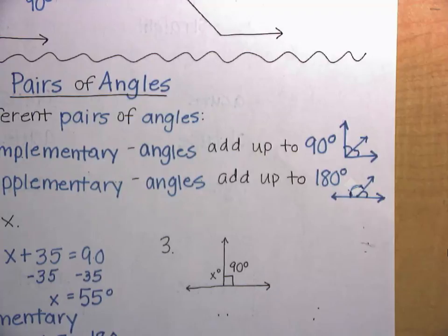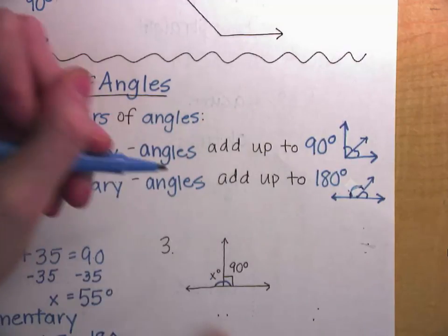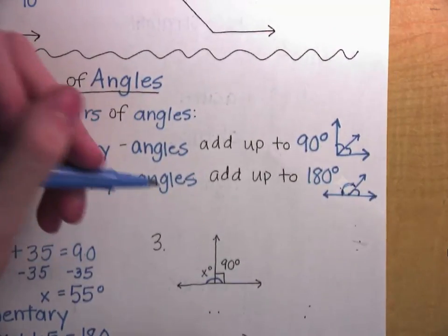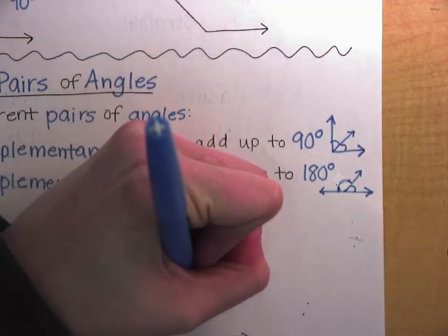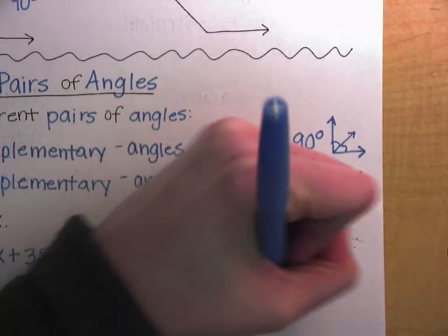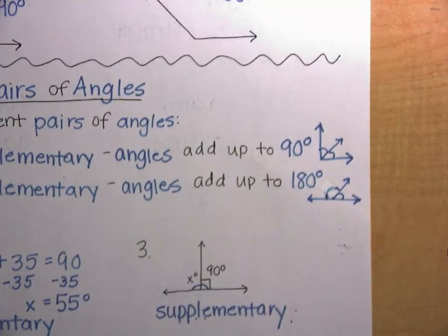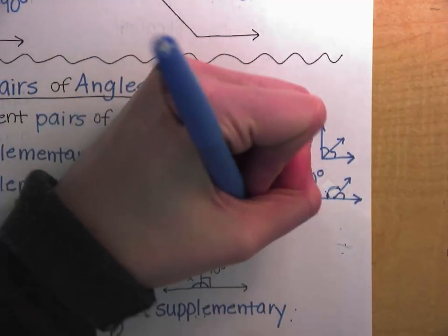All right, so what type of pair do we have? Why is it supplementary? Because they're adding up to get this straight angle right here. So these are supplementary angles. Okay? So supplementary angles add up to get what? 180.